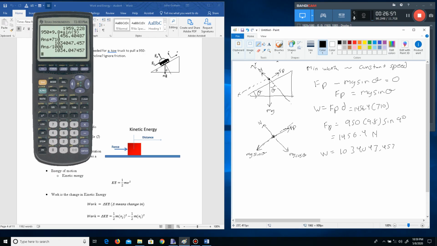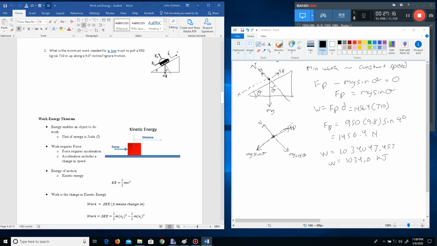I mean, technically we can get megajoules, but it's just common to put in kilojoules. 1034.0 kilojoules. Okay, and so that's how you would do a problem that actually will involve both force diagrams still, so that's not going away anytime soon, as well as work being done.